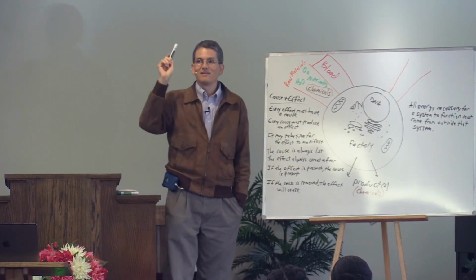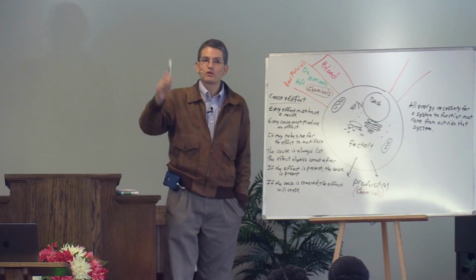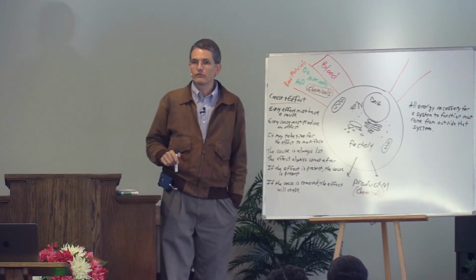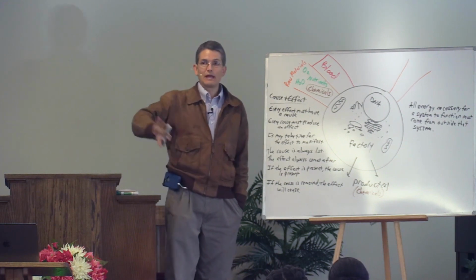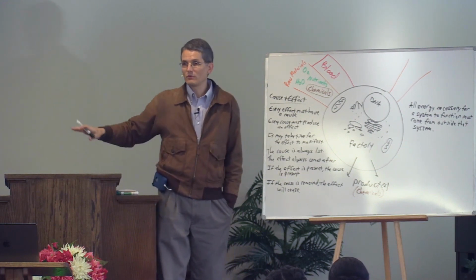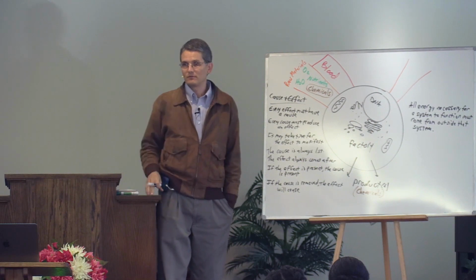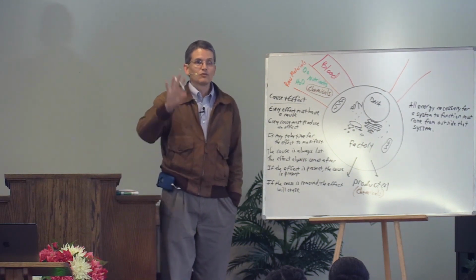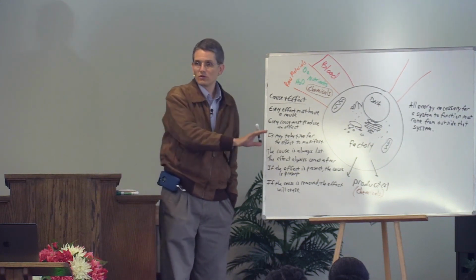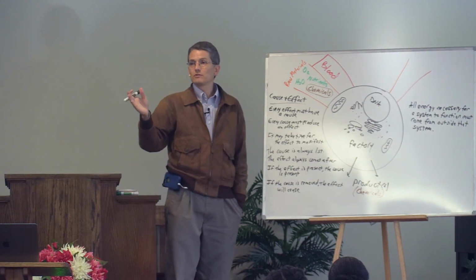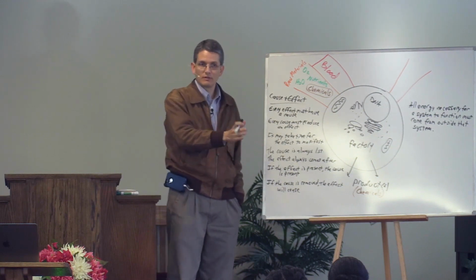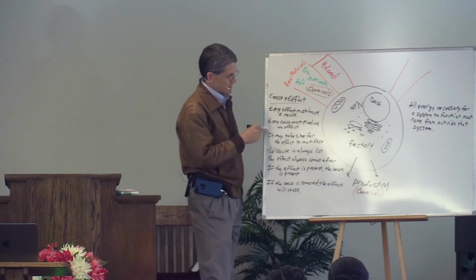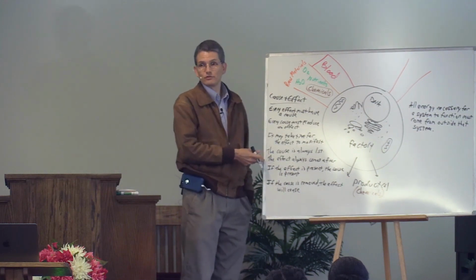The cause could not have come after the manifestation of the disease. And so anything that happens in their life after that time does not answer the question, what's the cause? Anything that happens after the time of the manifestation of the disease does not answer the question, what's the cause for this disease? We have to look before, right? Because something has to be in place before the manifestation, because the cause always comes first.